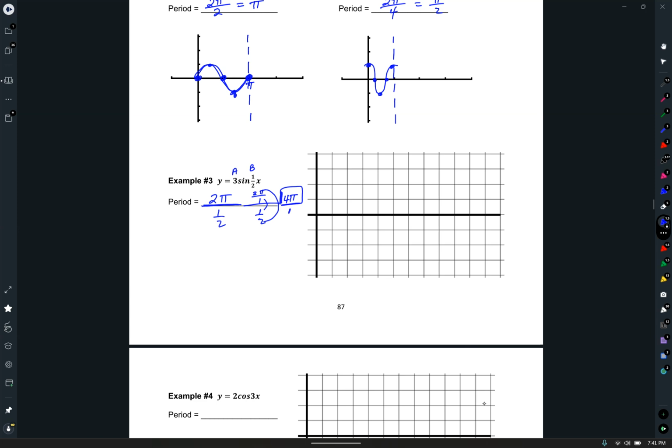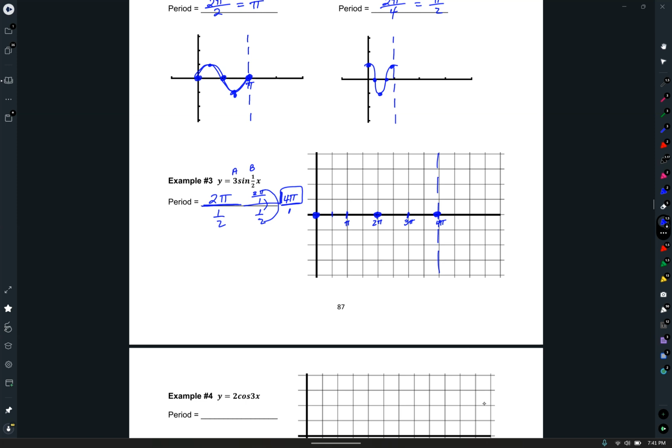Okay, so let's mark that off. Remember, every line represents pi over 2. So there's 1 pi, 2 pi, 3 pi, and this would be 4 pi. So I'm going to mark off all the way out here to 4 pi. In that space from 0 to 4 pi, I'm going to fit one full section of sine. Sine normally starts, ends, and is halfway at 0.